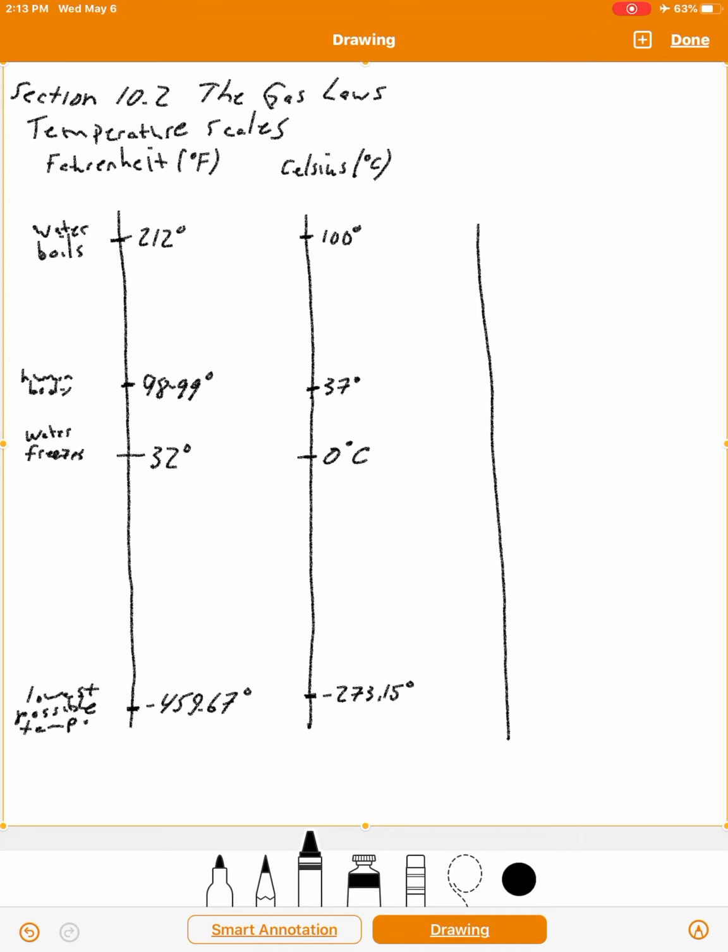The third scale is the one that's most important for us in this chapter, and that's called the Kelvin scale. K for Kelvin. Under the Kelvin scale, it is essentially shifted up so that compared to the Celsius scale, the lowest possible temperature is 0. I'm not going to put a little degree sign there for the Kelvin scale.